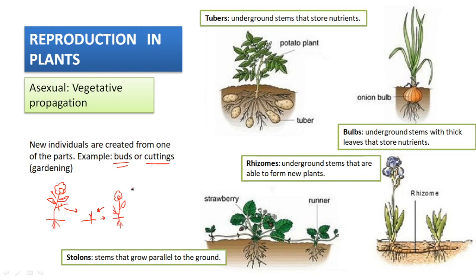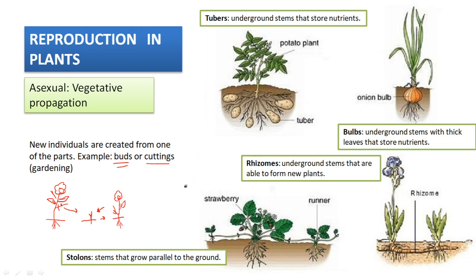So in nature also, apart from buds, you can find 4 types of vegetative reproduction that are based on some special or modified stems. These 4 types of vegetative reproduction based on modified stems are tubers, bulbs, rhizomes, and stolons.